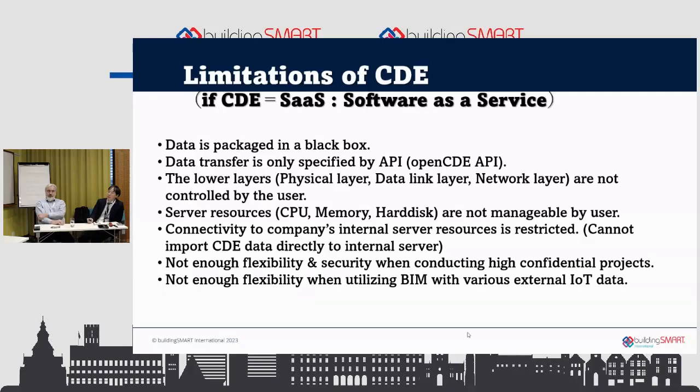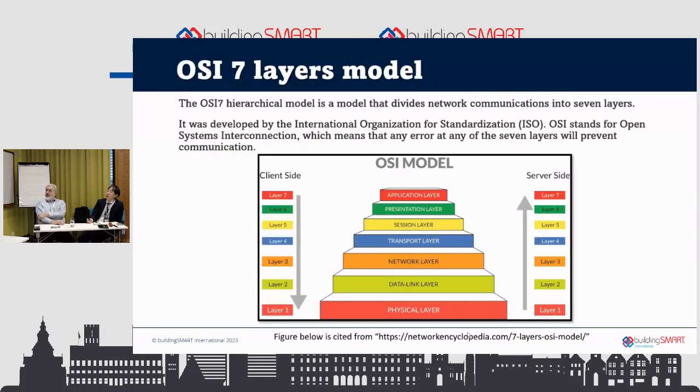So for some nuclear power plant or that kind of high confidential project, the owner does not want to use the CDE. That kind of thing happens frequently. And the last one: not enough flexibility when utilizing BIM with various external IoT data. So that's the limitation and restriction that I feel now for recent CDE.